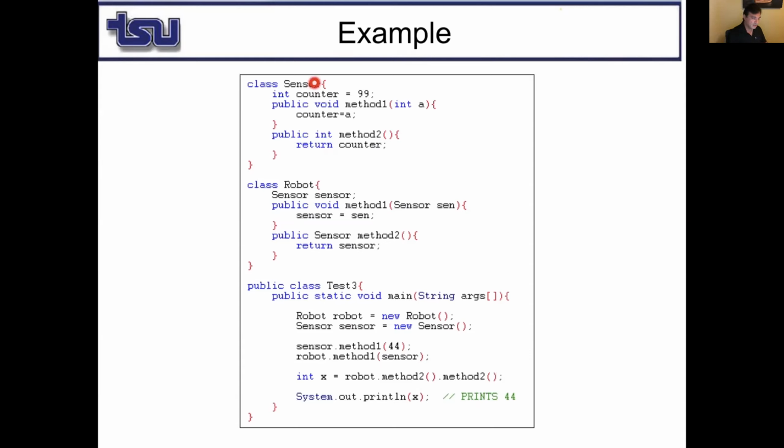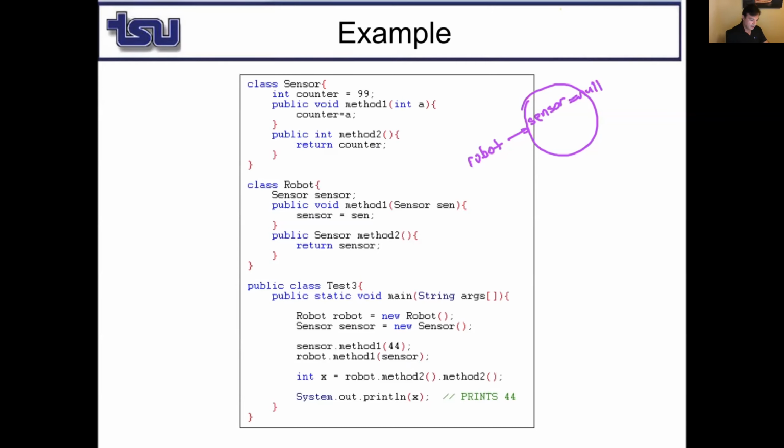So this is sensor, it has method 1, method 2. This is robot, method 1, method 2. And then I have this. Let's see. I create an object called robot, and robot has a data member sensor. Sensor is initially null.